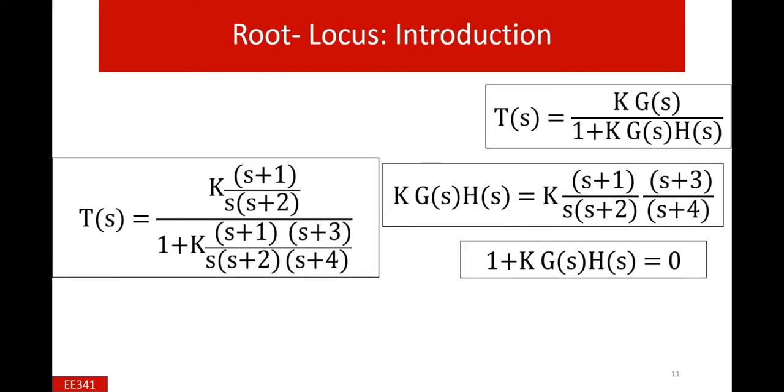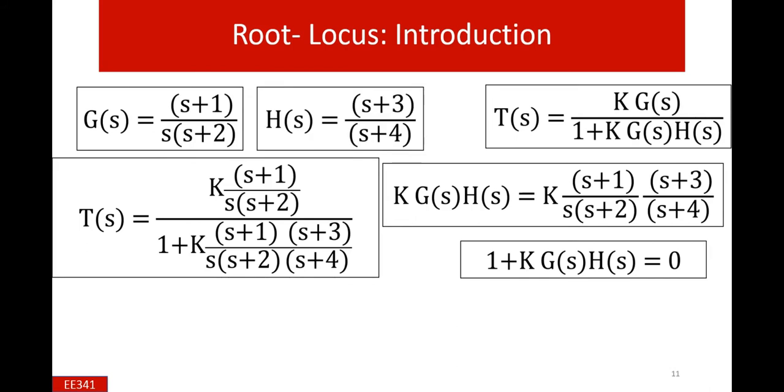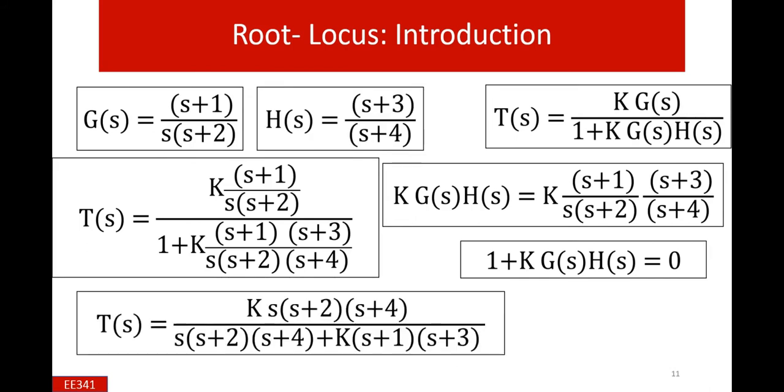So understand the basic concepts related to the characteristic equation. In this closed loop transfer function, this is the characteristic equation, and this part is the open loop transfer function, which is dependent on K. This is the equation for which we are finding the roots dependent on the values of K. This is the root locus.